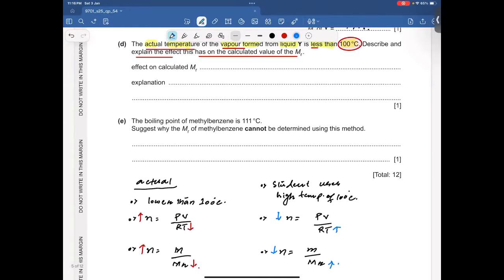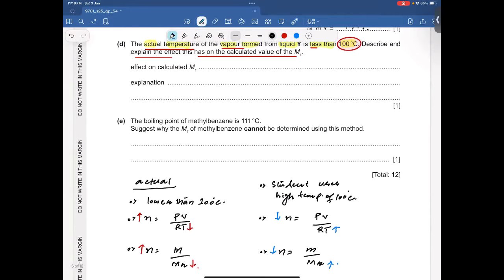That means the effect on the calculated MR is going to be, let me write it this way, calculated MR is going to be higher. Why?